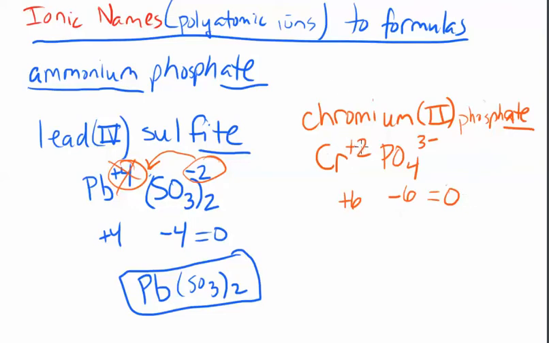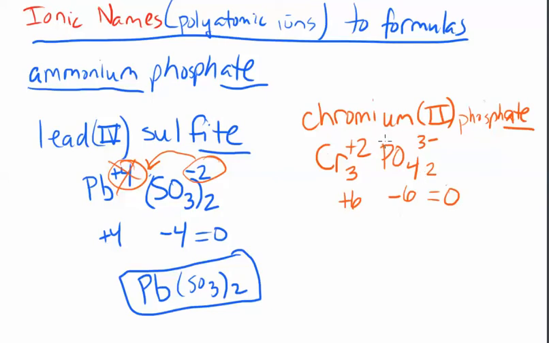So if each chromium is +2, how many chromiums do we need to get to 6? What times 2 will give us 6? And the answer is 3. So we need 3 chromiums. That'll give us +6. Phosphate is -3. We need a total of -6. What times 3 will give us 6? And the answer is 2. And then what did I not do here? What has to happen?